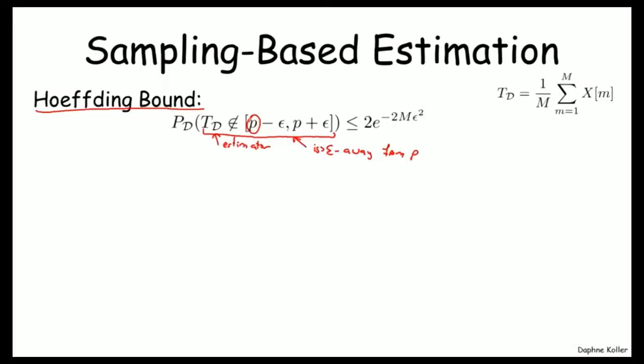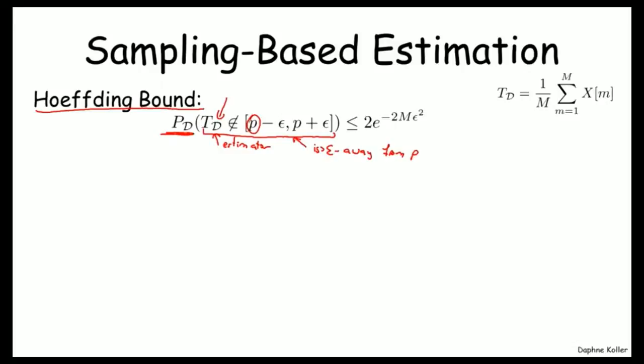Now notice that this is a property of the data set, the set of samples that I generated. One set of samples is going to give me one estimate, and a different set of samples is going to give me a different estimate. So that brings us to the next layer out, which is this data set is not a fixed quantity. It's sampled randomly from the distribution.